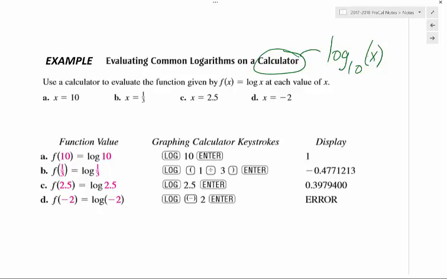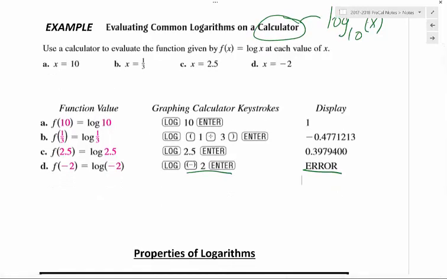The reason this one gives an error is because I'm basically saying log base 10 of negative 2 equals what? It's saying 10 to what power is going to give you a negative number. What this is teaching is an important lesson: you can never take the log of a negative number.